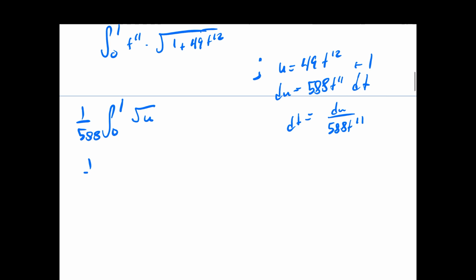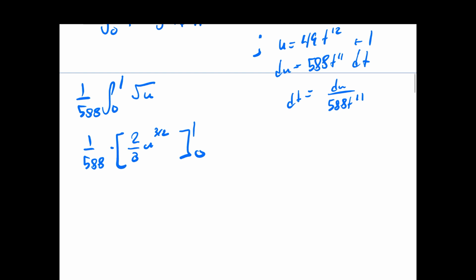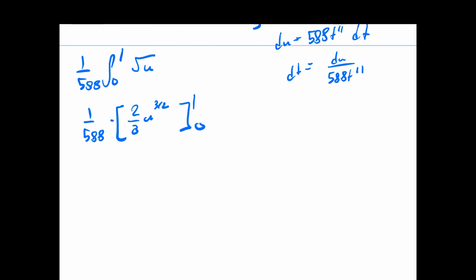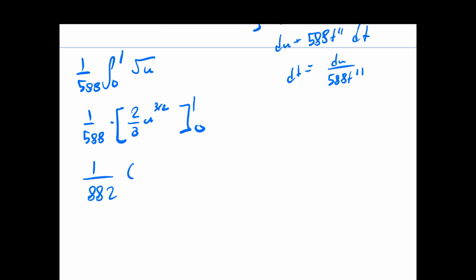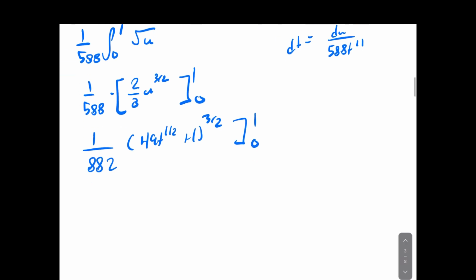We're just going to have square root of u. Okay? And so we get 1 over 588 times 2 over 3 u to the 3 over 2, evaluated at 1 and 0. You could bring the 2 over 3 out, so you'll really get 1 over 882, and then it's just going to be, after you sub in u, which was 49t^12 plus 1, to the 3 over 2, evaluated at 1 and 0.